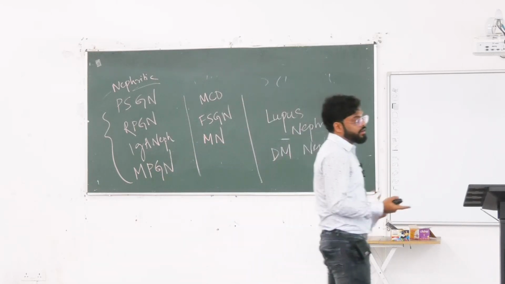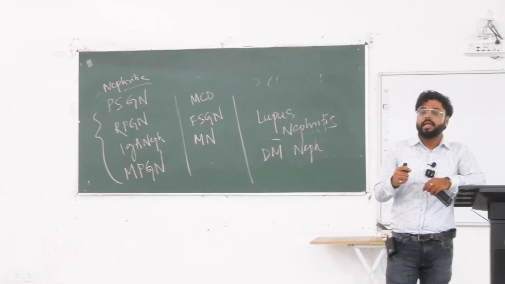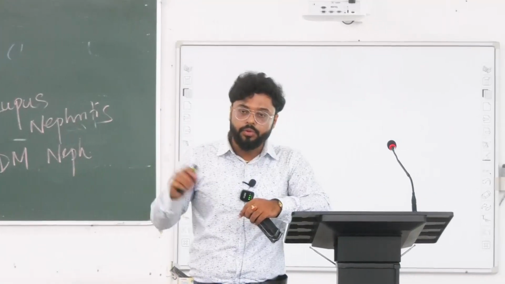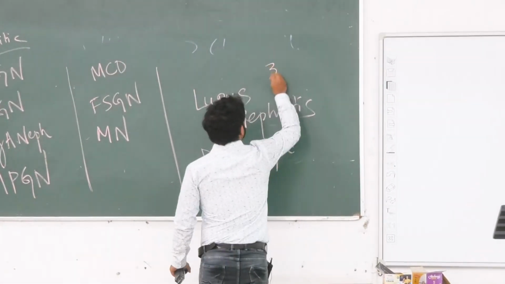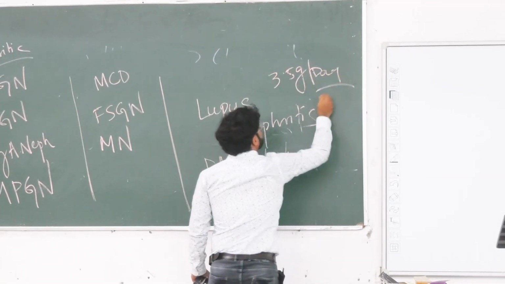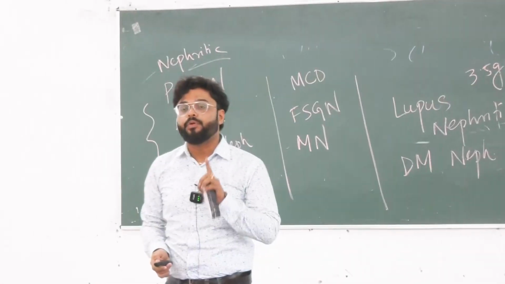But when albumin in urine exceeds 3.5 gram per day, only albumin, this is known as selective proteinuria.